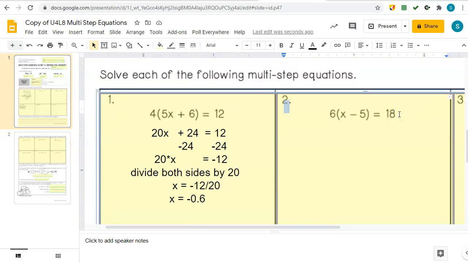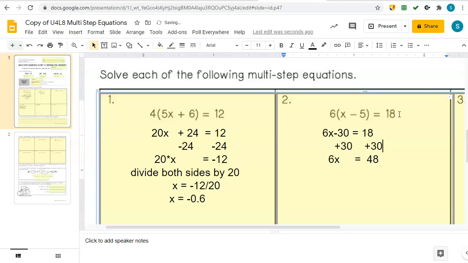Let's do it again. Step 1. Let's simplify by distributing. So we're going to get 6x minus 30 equals 18. We're going to add 30 to both sides, because that's one of the things we want to get rid of. And we get 6x equals 48.